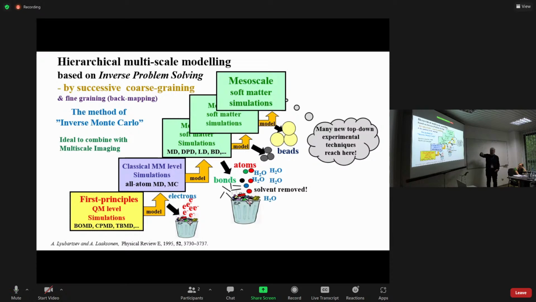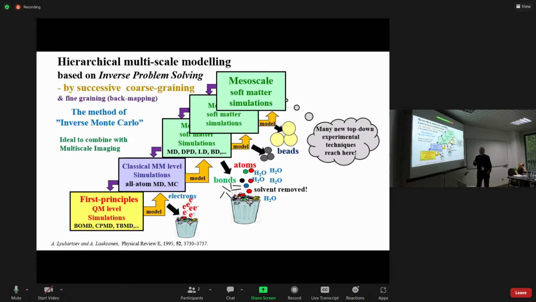Top down. So this is obviously a bottom up approach. And then what we can do is we can also go back. This is called fine graining. We have to try to reinvent these degrees of freedom we did throw away.